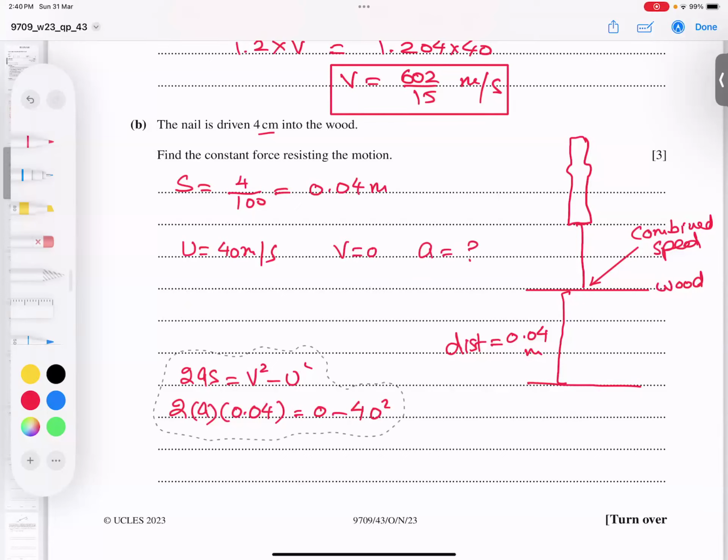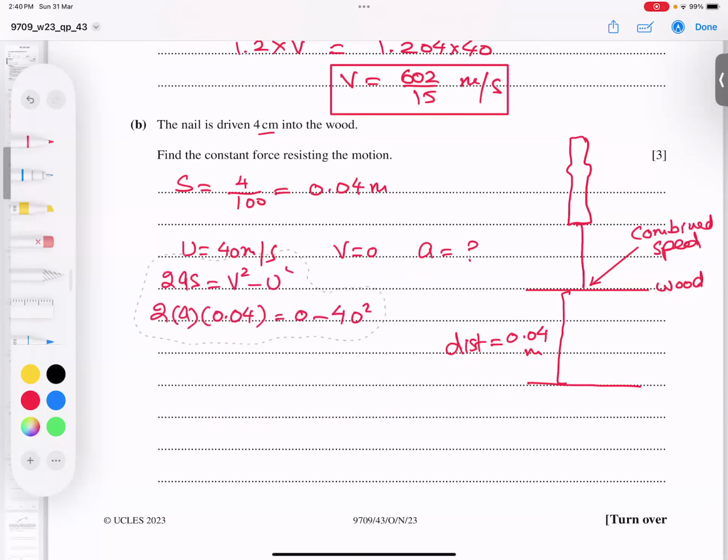I hope this part is very clear. Let me check it: negative 40 squared divided by 2, divided by 0.04. So the deceleration is negative 20,000 meters per second squared.